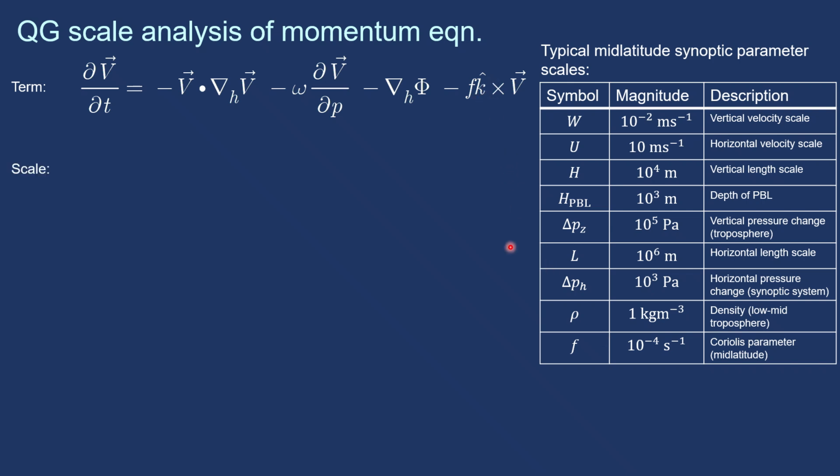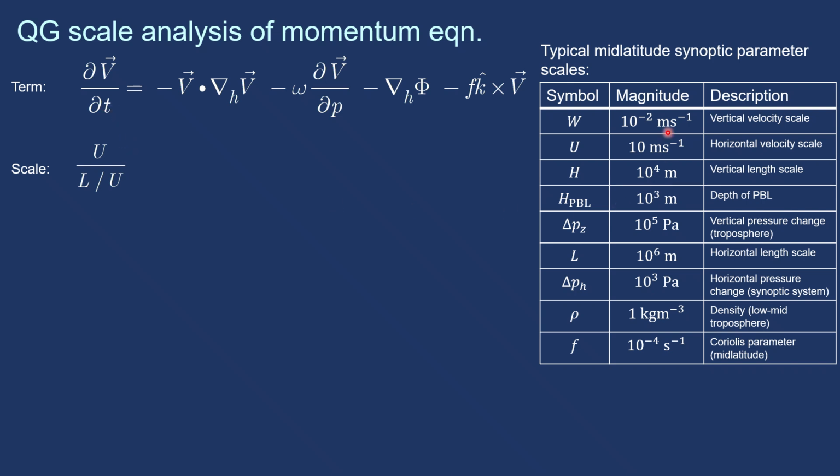So as we look at the equation, you write down a scaling term for each of the terms in the equation, starting off on the left-hand side with the acceleration term. For the scale of v, the horizontal wind, we use U, the horizontal velocity scale. And we need a time dimension in the denominator for dt.